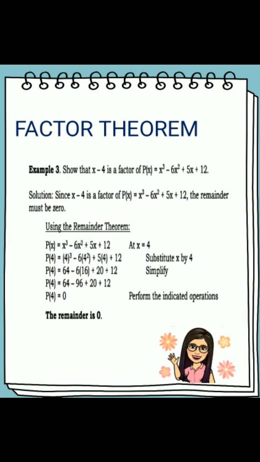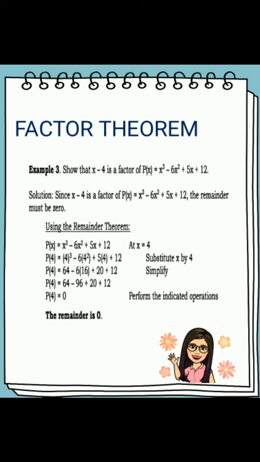So, ang isa-substitute natin sa lahat ng x ay 4. We have p of 4 is equal to 4 raised to 3 minus 6 times 4 squared plus 5 times 4 plus 12.